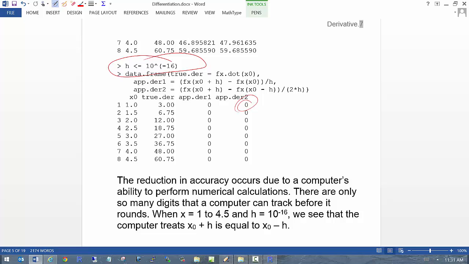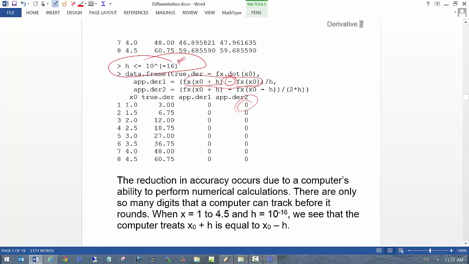The reason is that a computer only has so much accuracy, and when it takes this difference, f of x evaluated at x0 plus h minus f of x evaluated at x0, since h is so small, it sees this difference as essentially equal to 0.